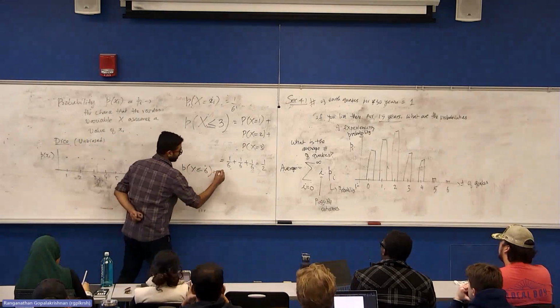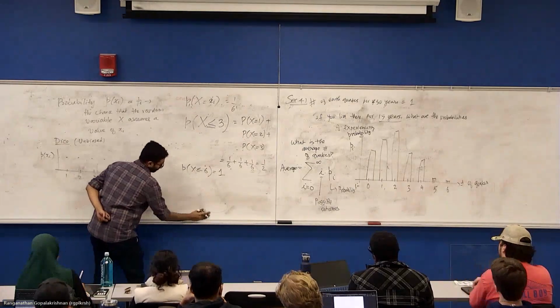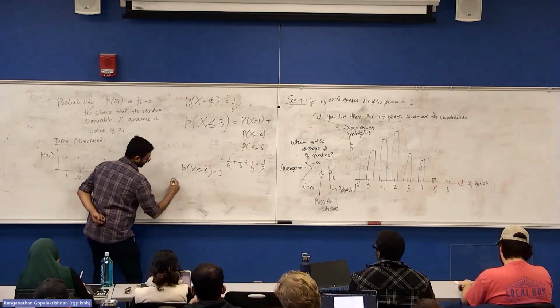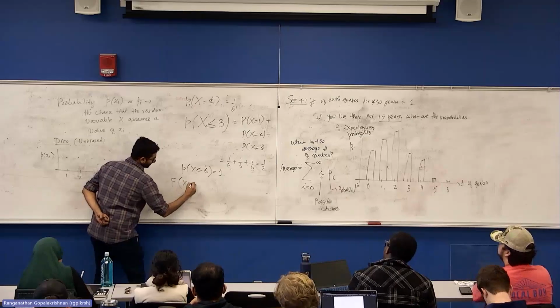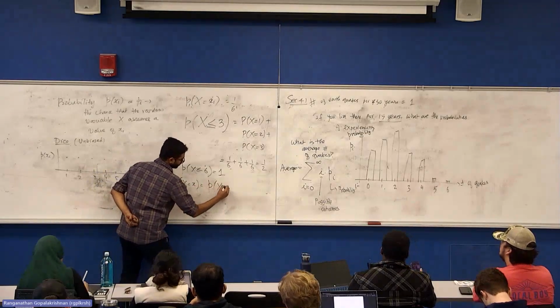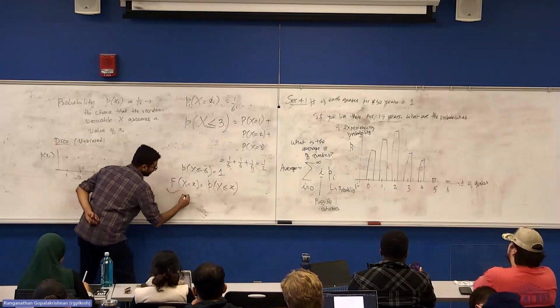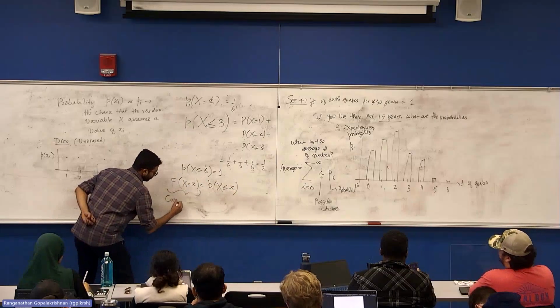That's just 1. So this value where we define a function f of x is the probability of x assuming values that are equal to or less than x. This value is called cumulative probability.